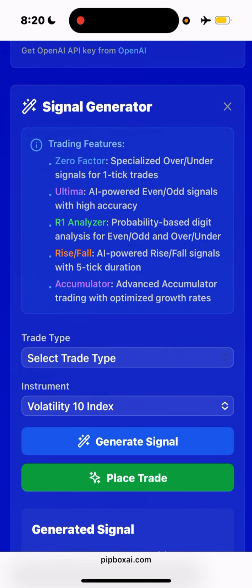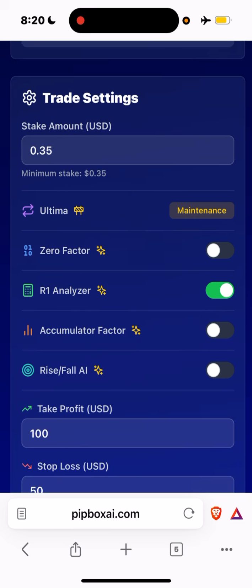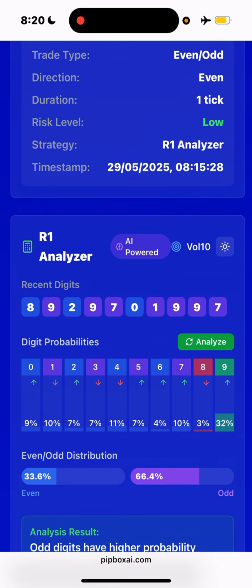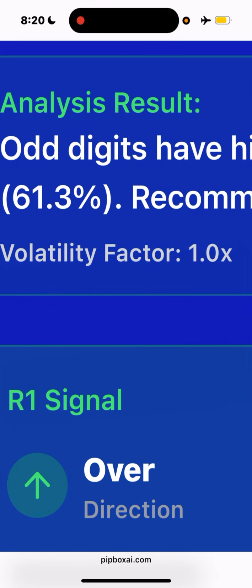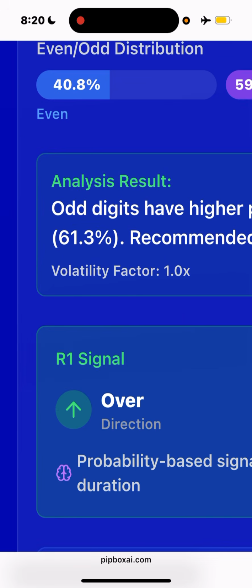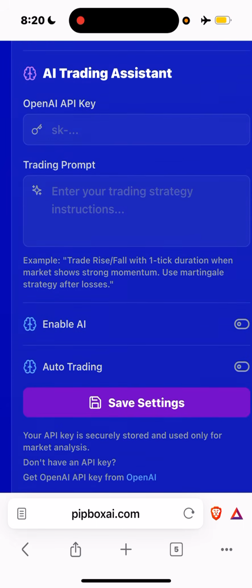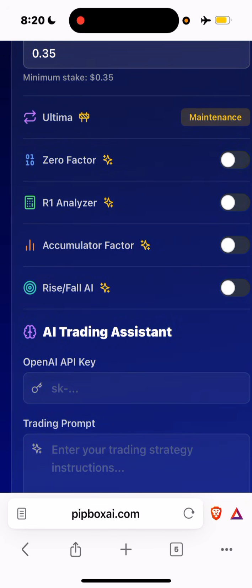We are using Volatility 10 index, but you can use an index of your choice. If you scroll down, you can see that the volatility factor is 1.0x, which means that it has a bit low volatility. Because we're not using the R1 analyzer today, we'll just go ahead and disable it.